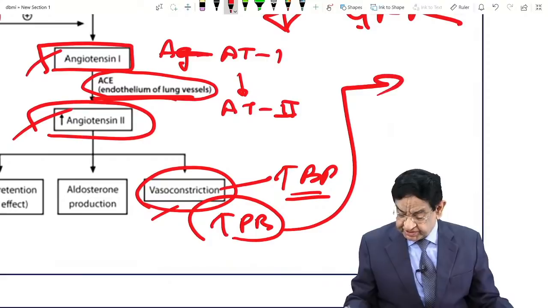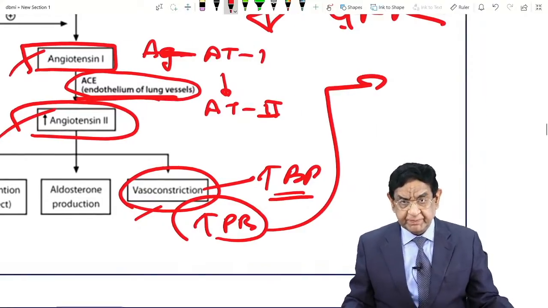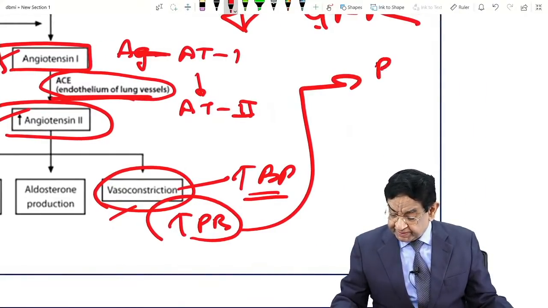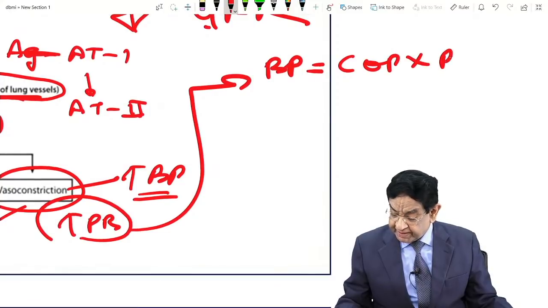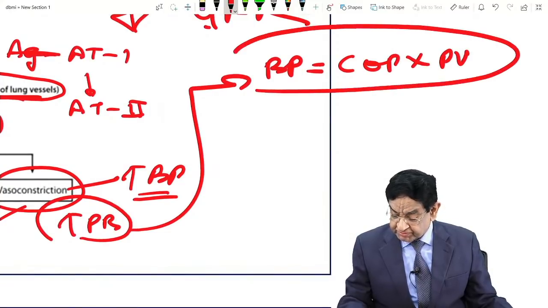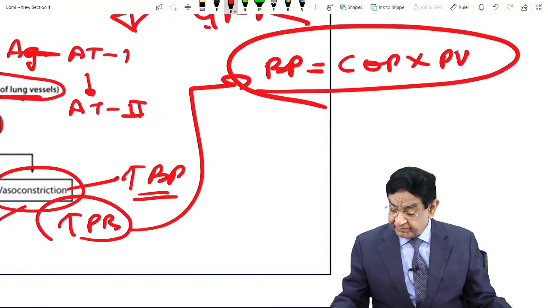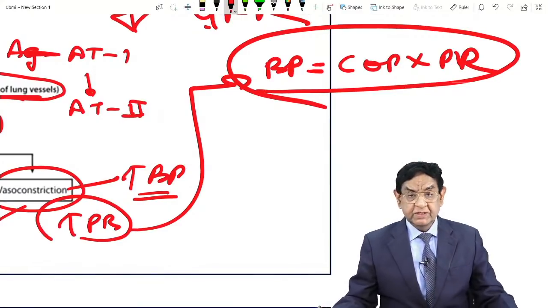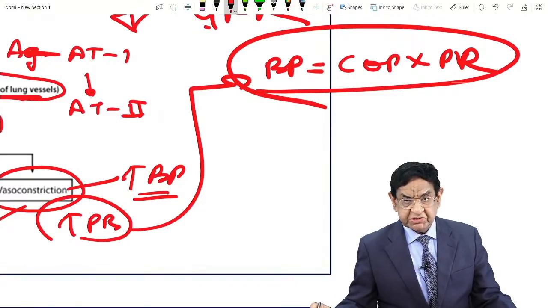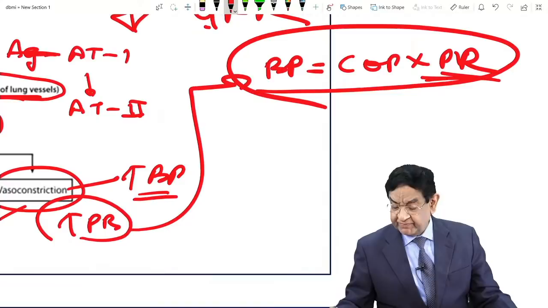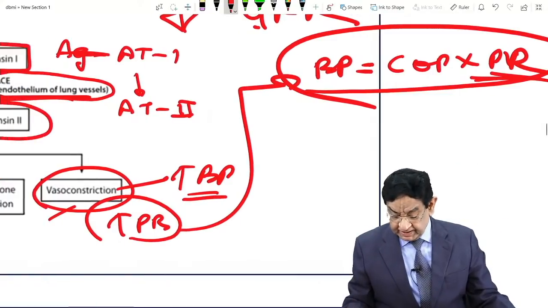A little bit more basic physiology about BP. We all know the basic concept: BP is the cardiac output multiplied by peripheral resistance. Make a box of this line, very, very important. So vasoconstriction causes increased peripheral resistance, and BP will go high.